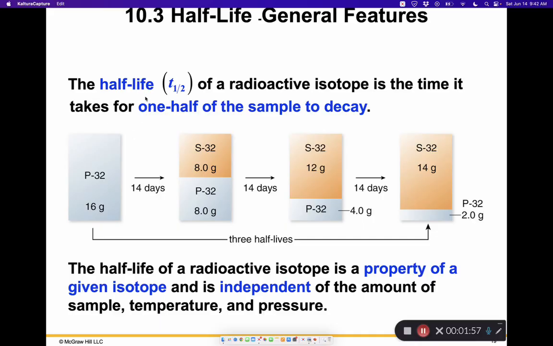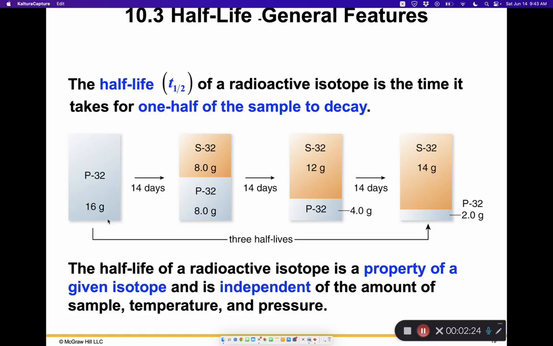The half-life of a radioactive isotope is the time it takes for one half of the sample to decay. It means half-life is the duration of time it takes for an original sample to reduce to half its amount.